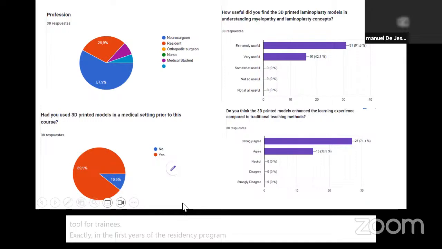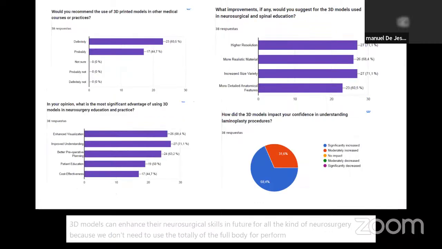They strongly agree that these 3D models can enhance their neurosurgical skills in the future for all kinds of neurosurgery, because we don't need to use a full body to perform this laminoplasty. So 23% of them prefer to use this kind of very affordable model for a very precise technique.